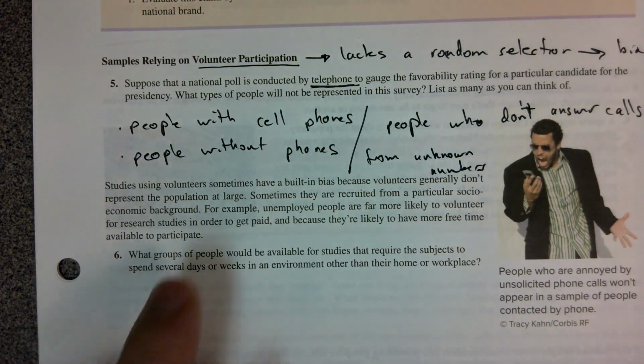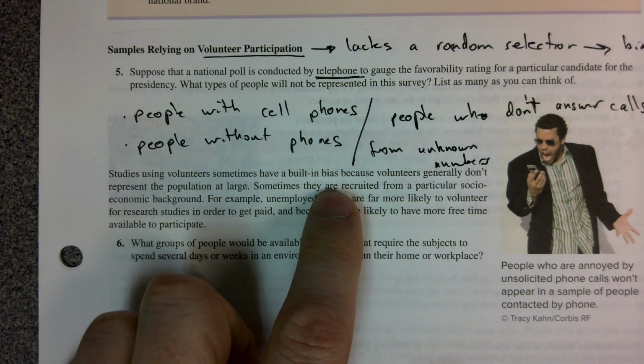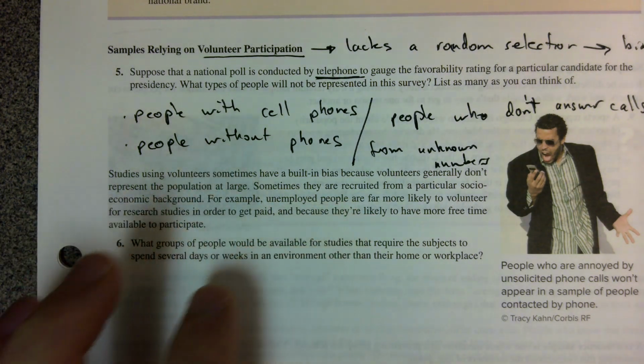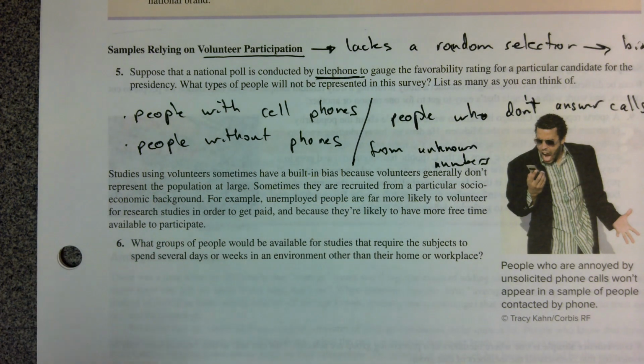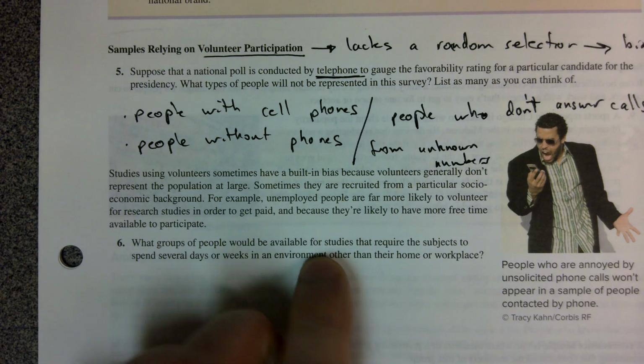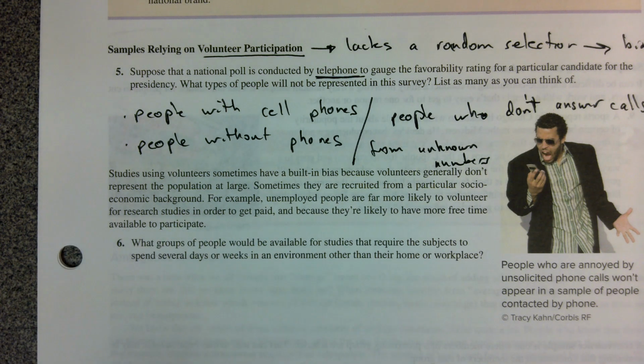There are other types of studies that have, as our author puts it, built-in bias because volunteers generally don't represent the population at large. There are studies where we need people to participate for longer periods of time. So some medical studies, you need to check in and take a pill and be observed. And in those cases, unemployed people could volunteer for those research studies because they could get paid.